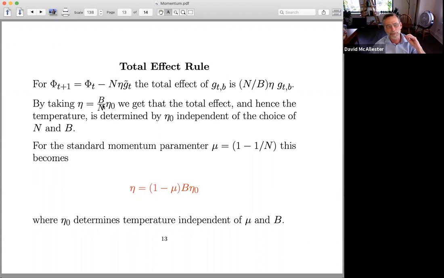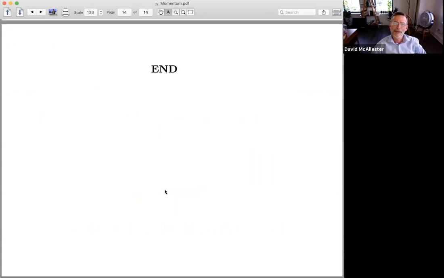N here is the momentum parameter. Or if we take the standard momentum parameter to be 1 minus 1 over n, then this expression becomes this expression, which is what I started with in the beginning. So by setting this learning rate as a function of the momentum parameter and the batch size and something that determines the temperature, we get a temperature that's largely independent of the batch size and the learning rate. Okay, thank you.